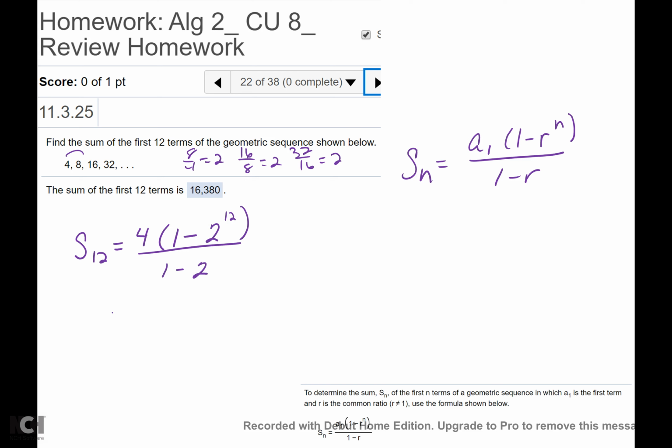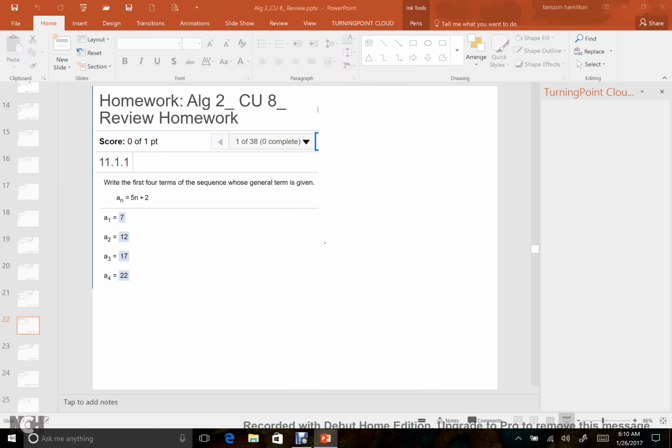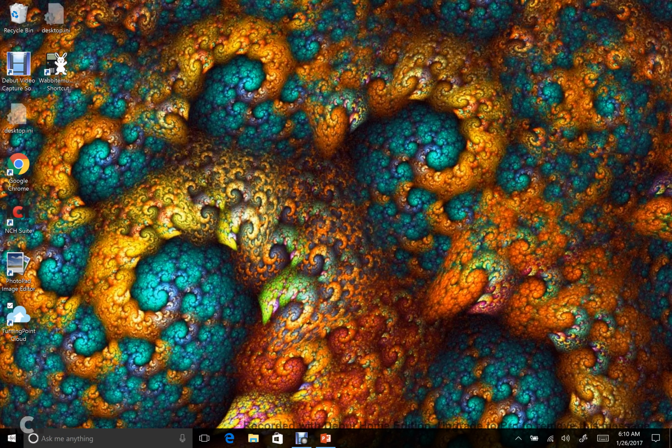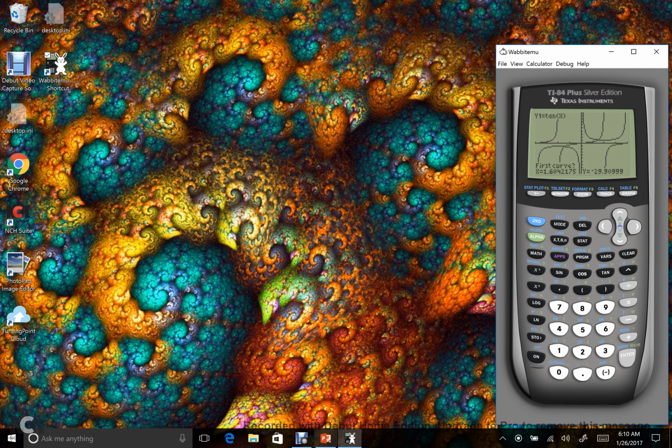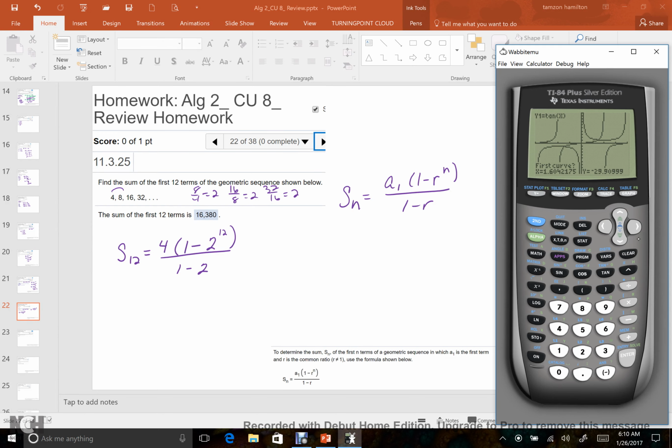So if you type this very carefully, and let me get my calculator up on my screen here a second. Alright. So if you type this, here's what I do. I type 1 minus 2 caret 12 and hit enter.